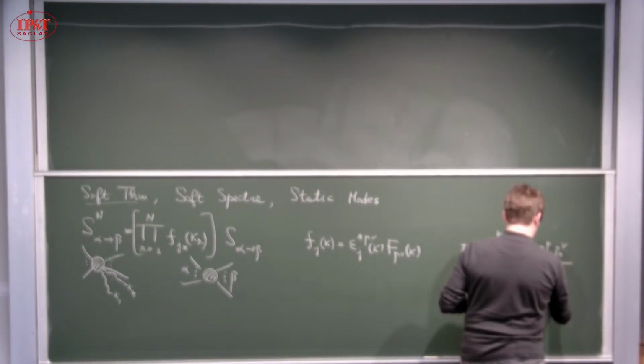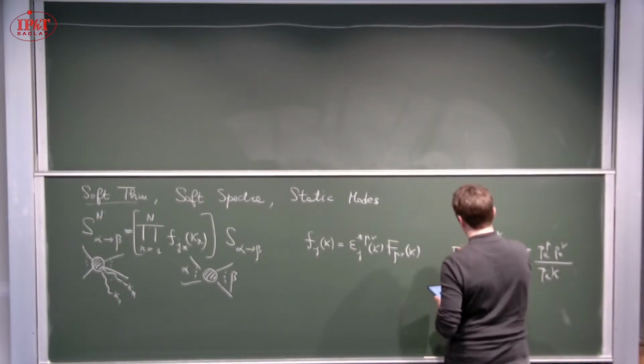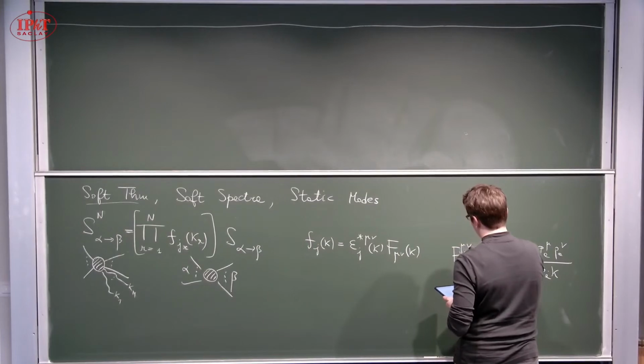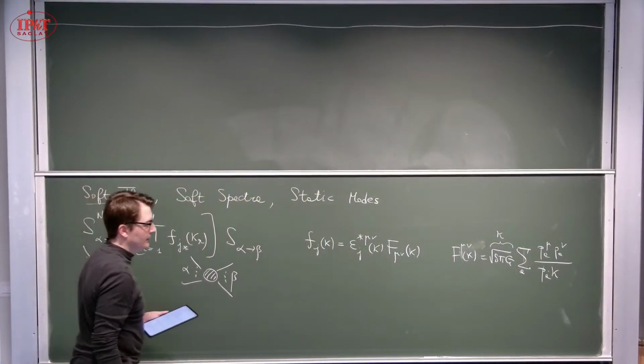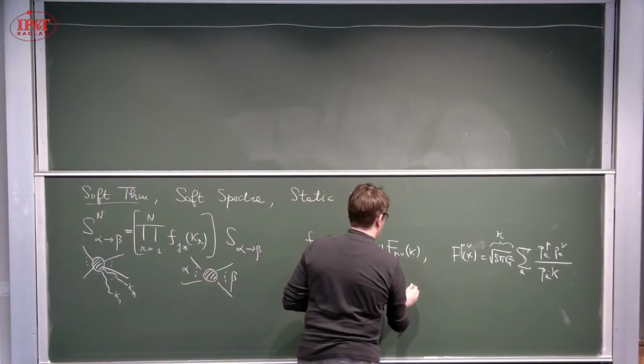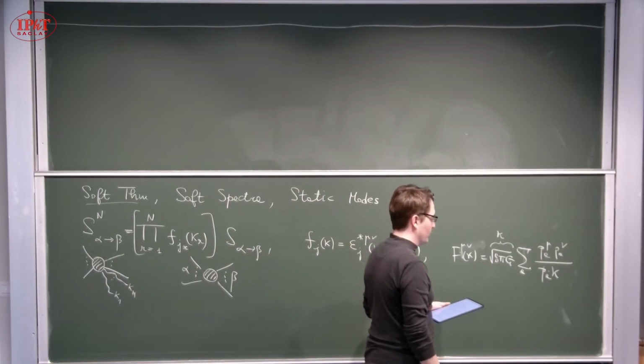So more precisely, this F is a function of the hard momenta and of k, one of the soft graviton momenta. Then here let me introduce this subtlety that you see will play a role later.